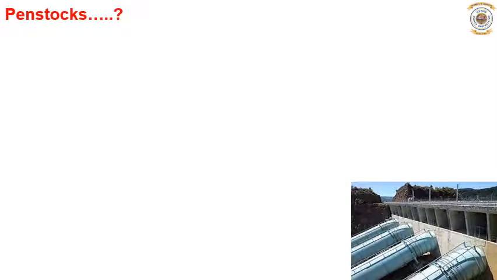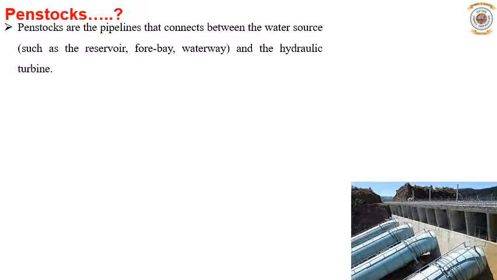Okay, penstocks. You can see here in this diagram a pipe. It is nothing but a closed conduit for supplying water under pressure to a turbine. Penstocks are the pipelines that connect the water source, such as a reservoir or forebay or water bay, and the hydraulic turbine.